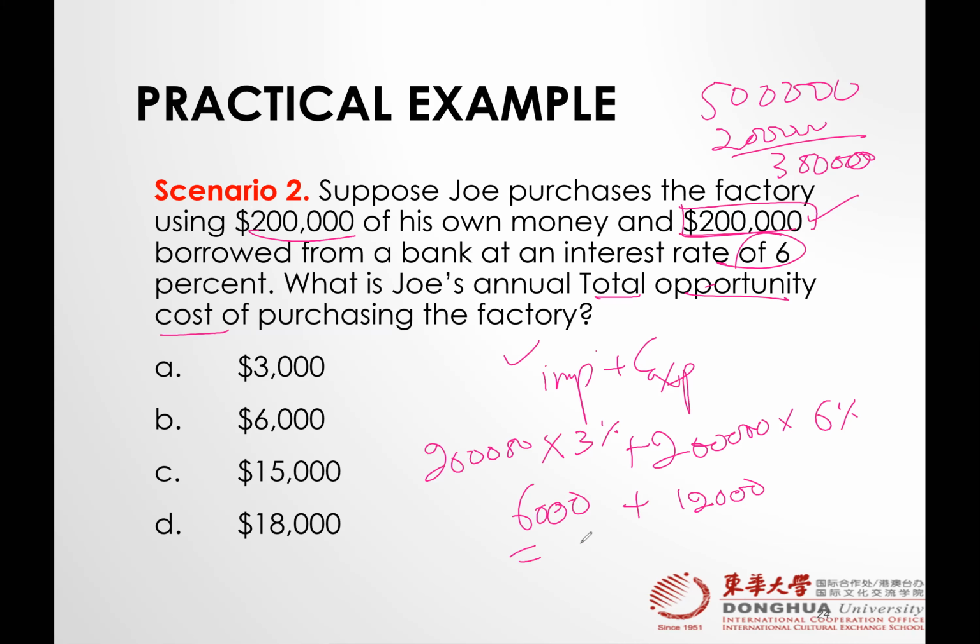So that's why the answer is 18,000. So you understand, guys, everyone? If you don't understand, I can repeat. Yeah, I get it. Okay, that's why the answer is D.